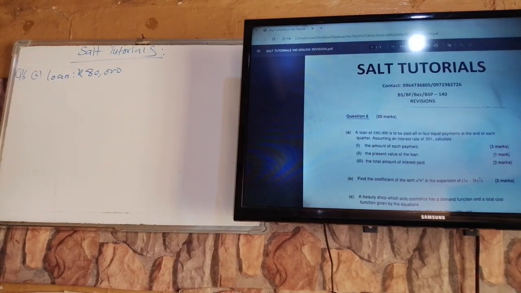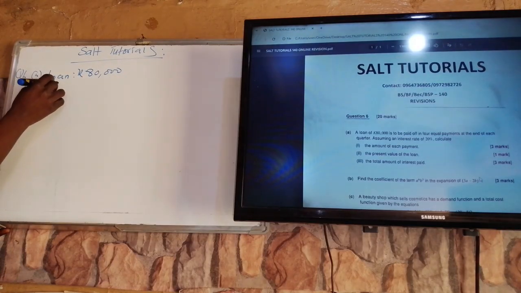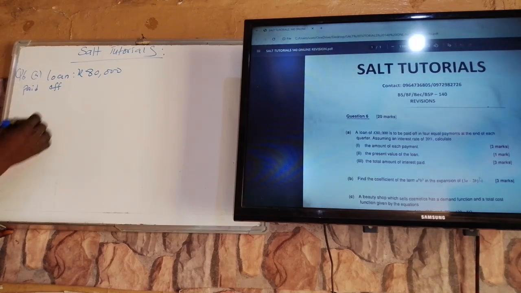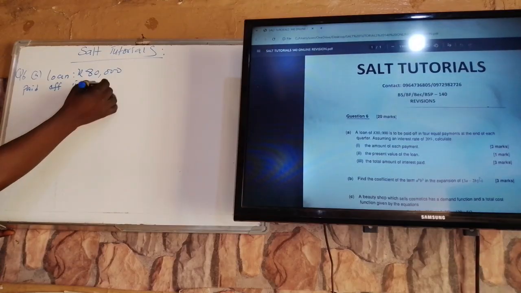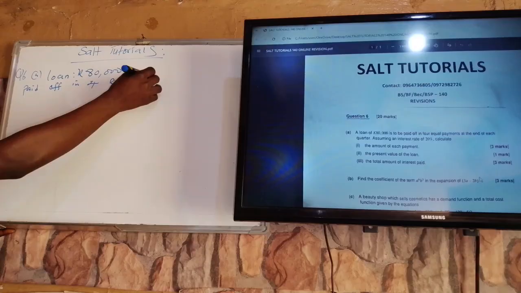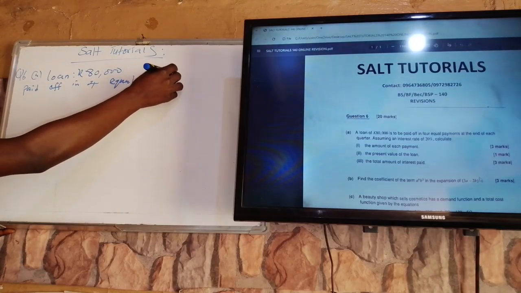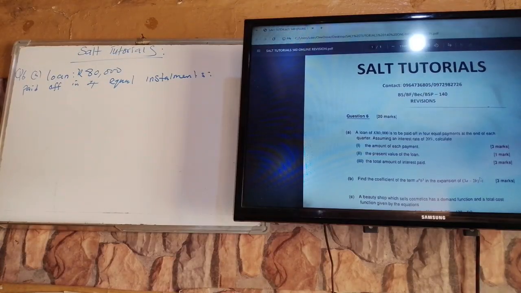And then the next concept you are being told is that it is paid off in four equal installments. So the loan is paid off in 4 equal installments.